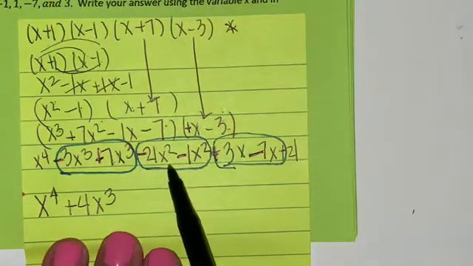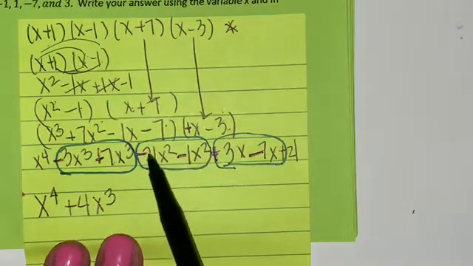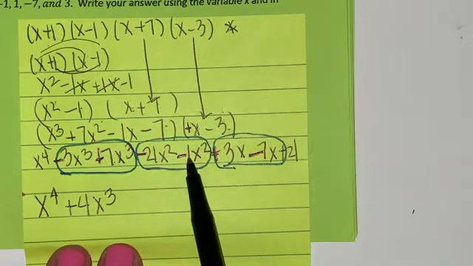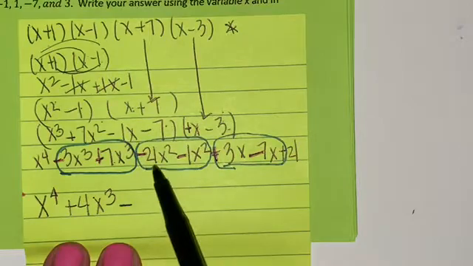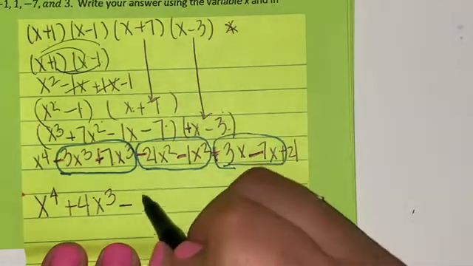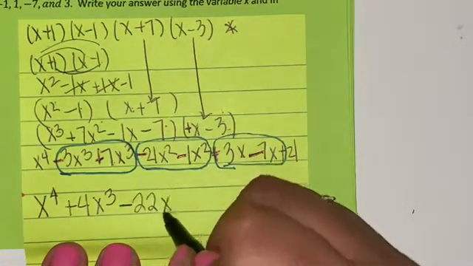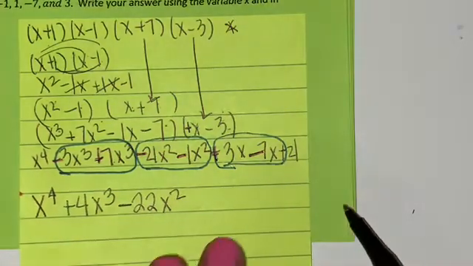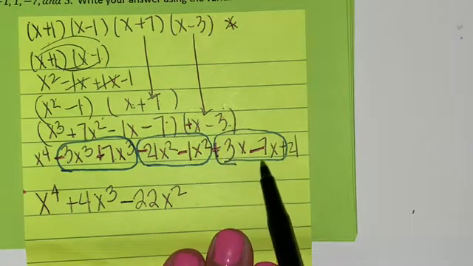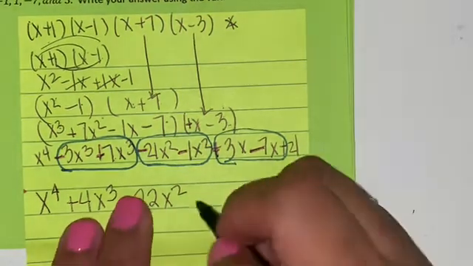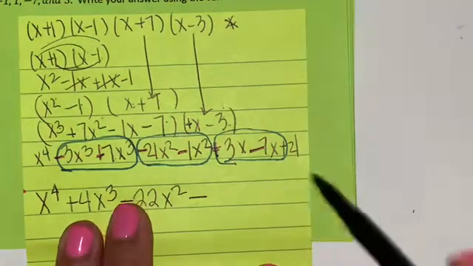Negative 21x squared minus 1x squared. They're both negative, so you're going to add, but the sign is negative. So 21 plus 1, 22x squared. Positive 3x minus 7x. The 7 is larger, so I know my sign will be negative.